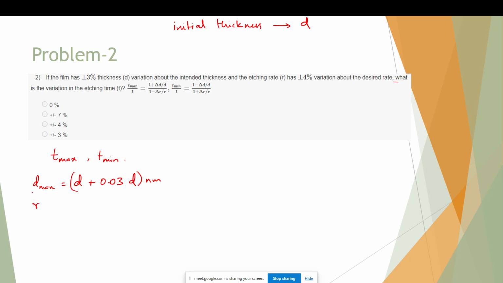The rate we will take as R, the mean rate, R nanometers per minute.